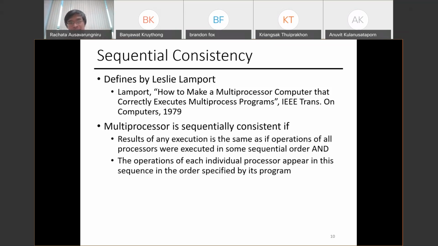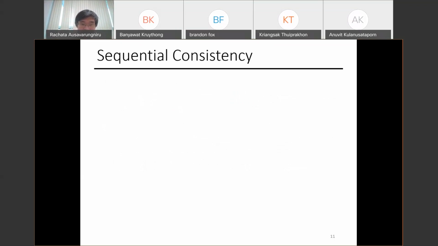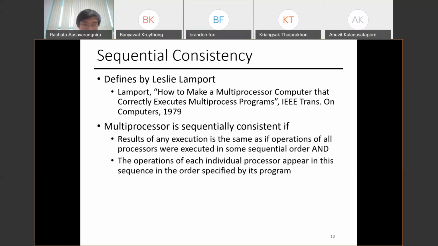So the multiprocessor is sequentially consistent if the result of any execution is the same as if the operations of all processors are executed in some sequential order, and the operations of each individual processor appear in this order, in this sequence, specified by its program.